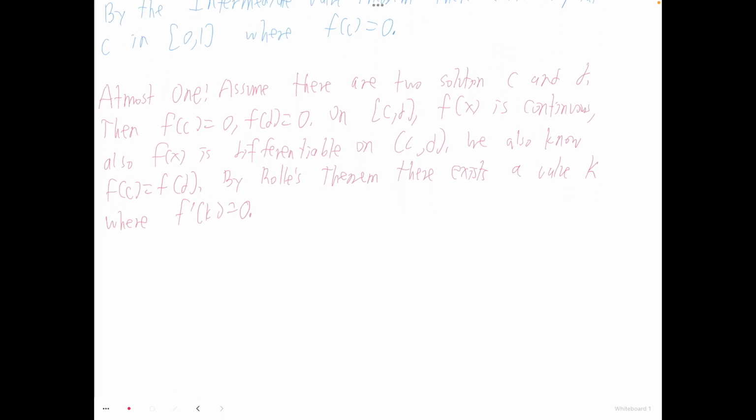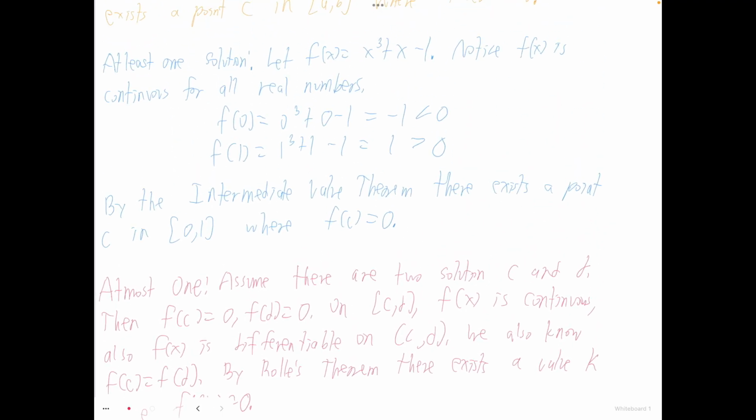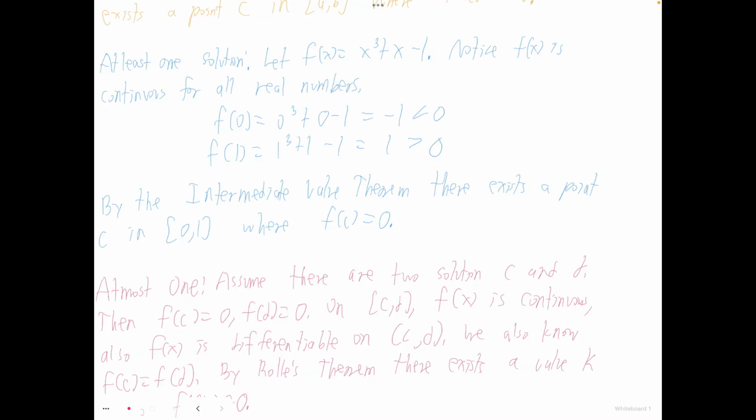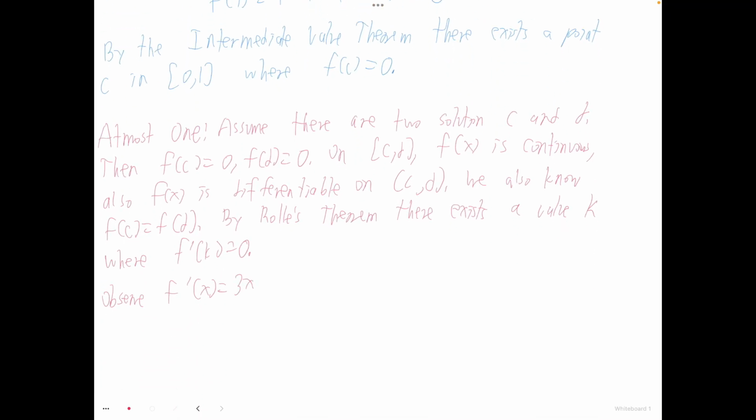Okay, so all we've got then is we found that the derivative is 0 somewhere at this value k. But what we're going to do now is show that doesn't actually happen. So observe that f prime of x, well, let's remember what f of x is. f of x is x cubed plus x minus 1. So if I take its derivative, I get 3x squared plus 1.